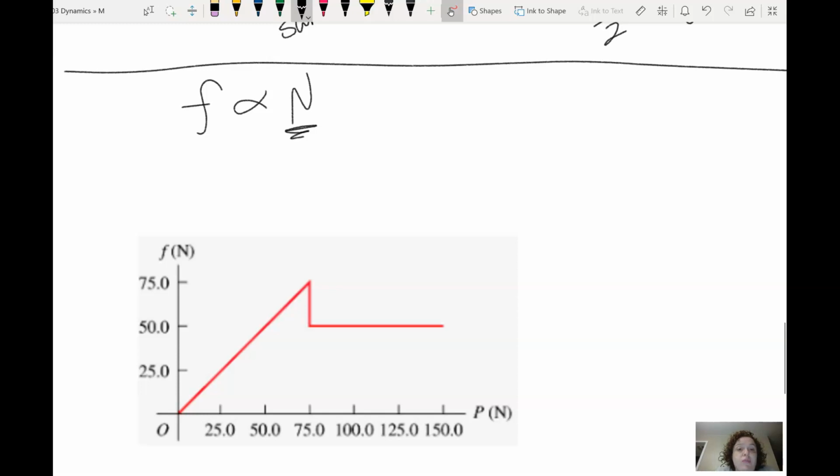Because of friction, friction is equal to a ratio, a particular coefficient of friction, times the amount of force. So this is the friction force, in newtons. This is our normal force.